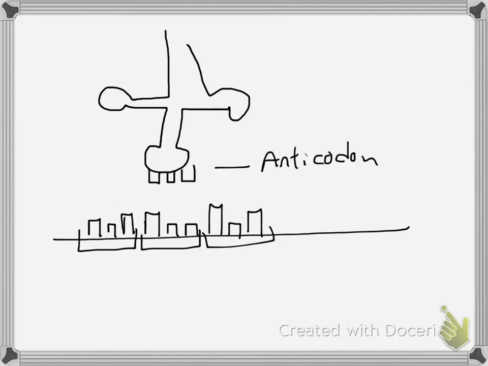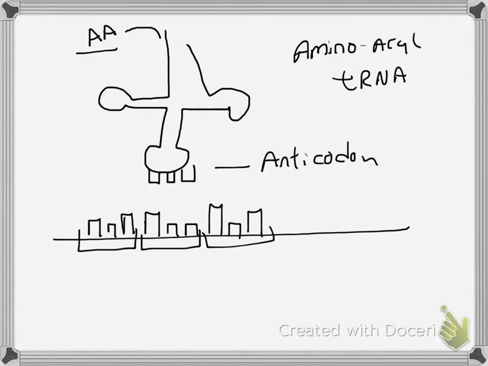Up here at the top of our tRNA molecule, we add our amino acid. So this is a charged tRNA, and we call this thing an aminoacyl tRNA, which just means that it has this amino acid attached to it here. We refer to these as charged.